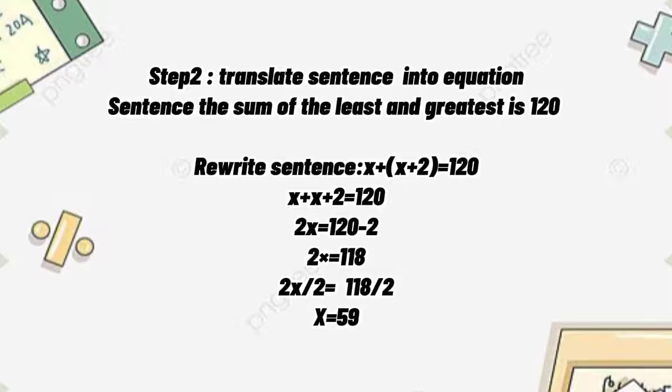After subtracting 2, the final is 2x is equal to 118. So how do you get the value of x? Just simply divide 2x by itself. 2x divided by 2 cancels out, and 118 divided by 2 is equal to 59. So the value of x is 59.